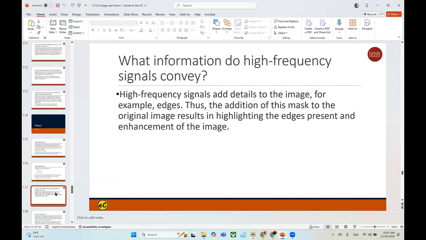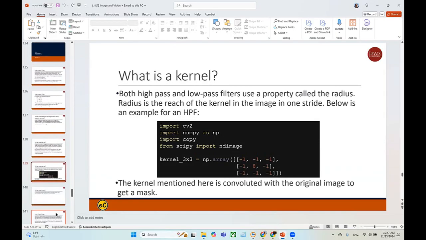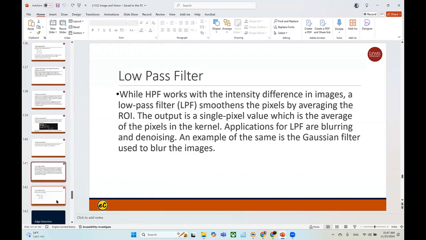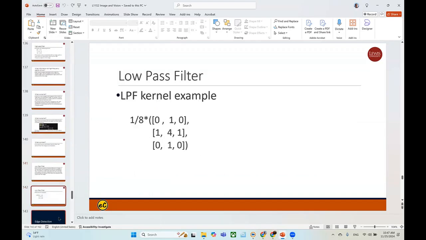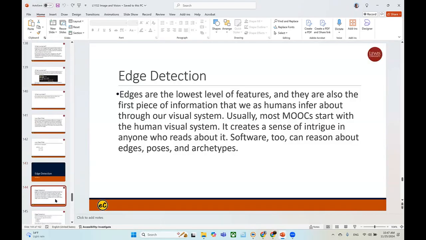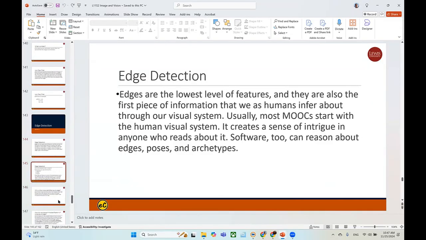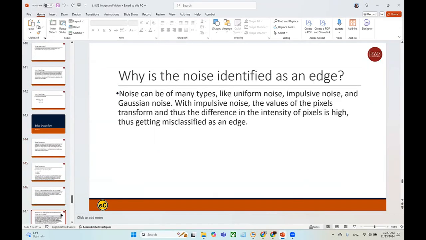Usually the high pass filter will detect the edge, and the low pass filter will remove the noise. Then there are different image processing masks, and they also do edge detection, all kinds of edge detection algorithms.